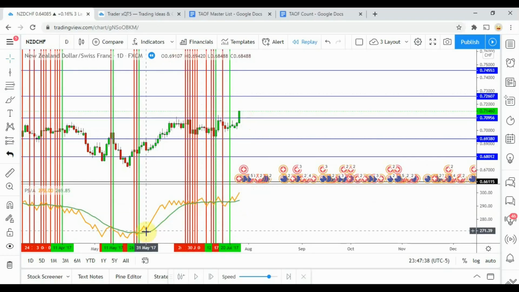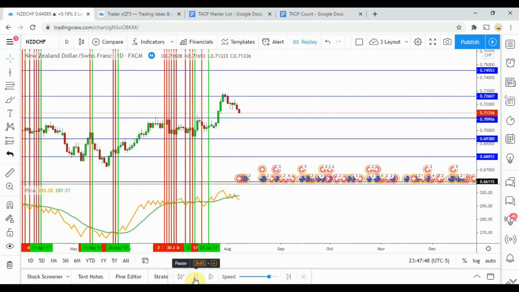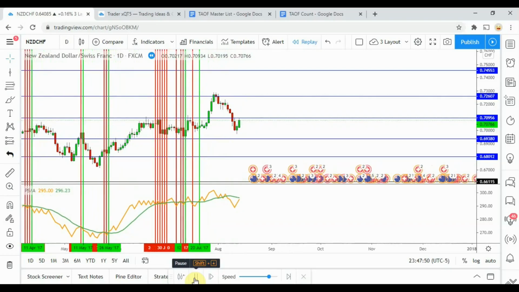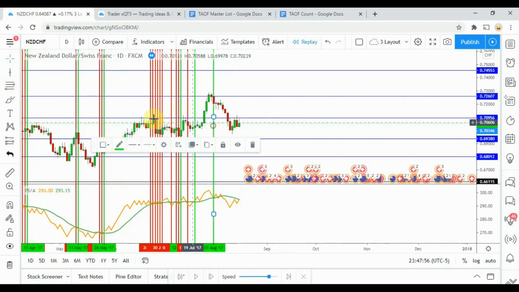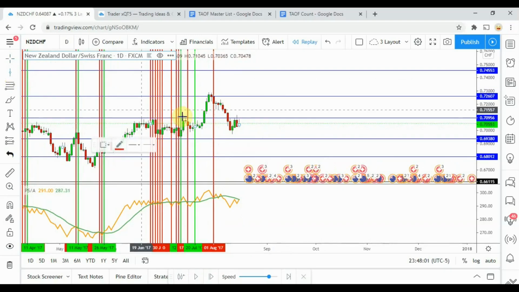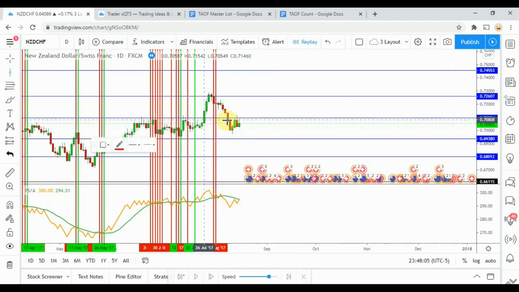Did the same thing back here where it came down, almost touched it, and then just blew up and out really fast. Work out a few of these choppy trades here.